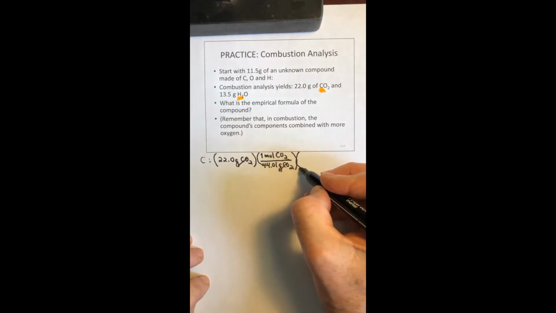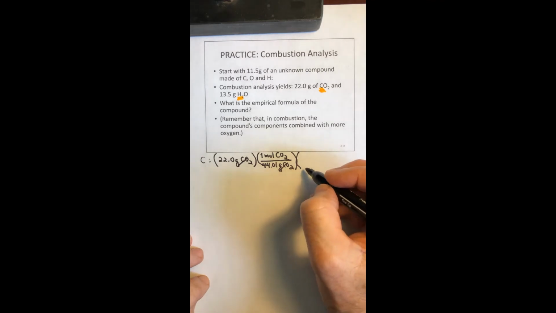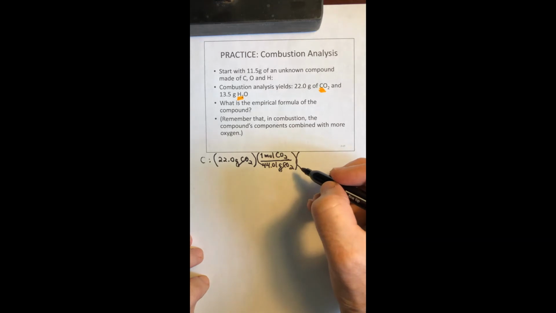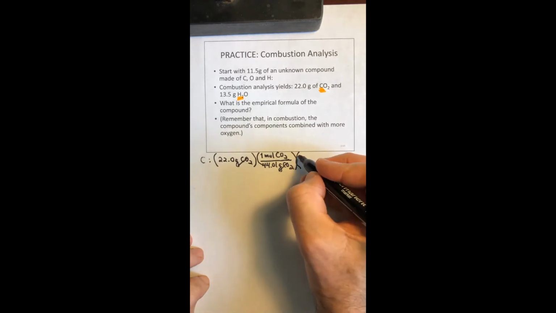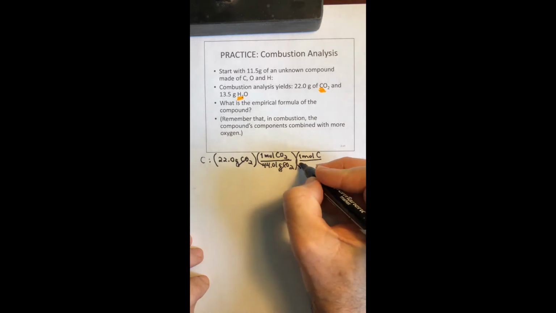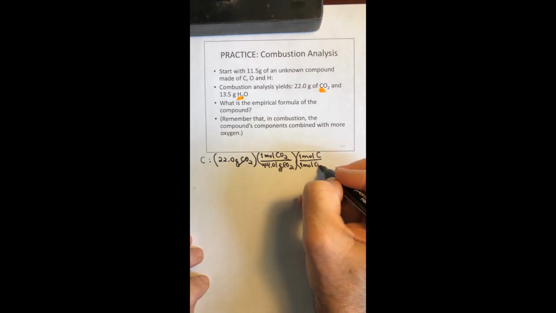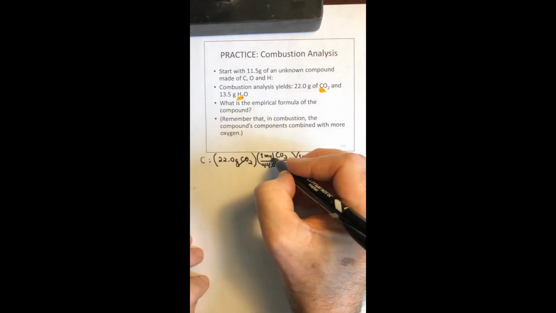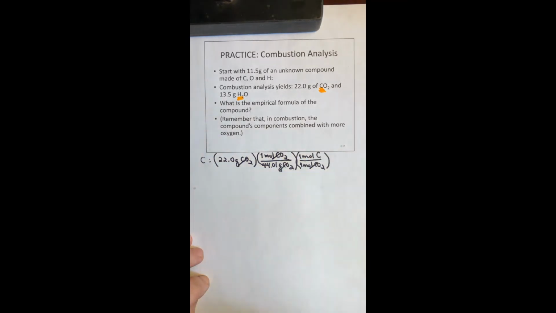But I know that in 1 mole of carbon dioxide, there is 1 mole of carbon, right? Because there's 1 atom of carbon in 1 molecule of CO2. So 1 mole of C for every mole of CO2. And that's going to cancel out the moles of CO2.